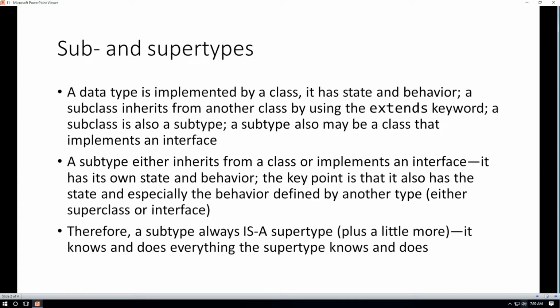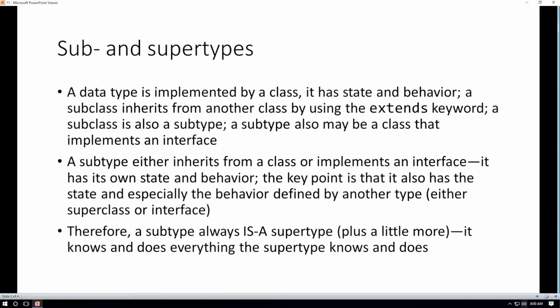And the key point here is that the subclass has also the behavior and the state of the superclass or the behavior defined by the interface. So it has both its own and the class from which it inherits or interface from which it implements. The subtype always is a supertype.